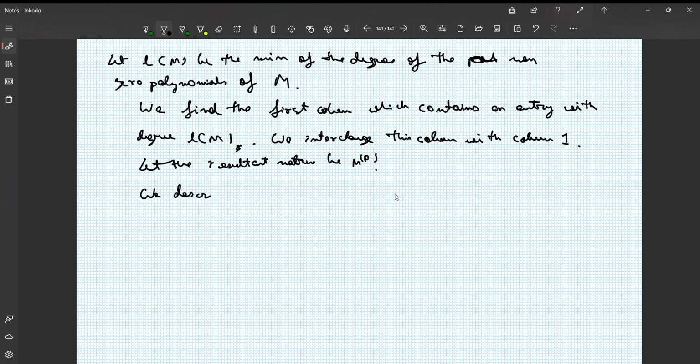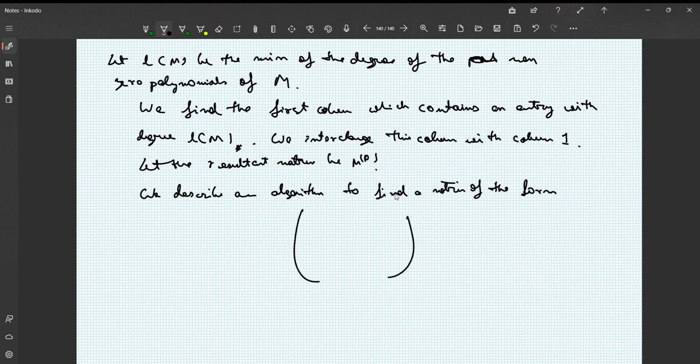Obviously, we can apply the algorithm A for M0. So what we can do is typically we describe an algorithm to find a matrix of the form, the matrix of this form, right?